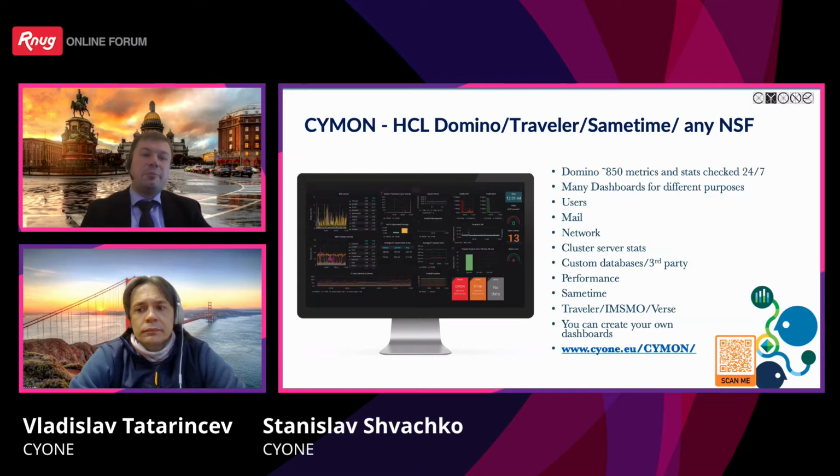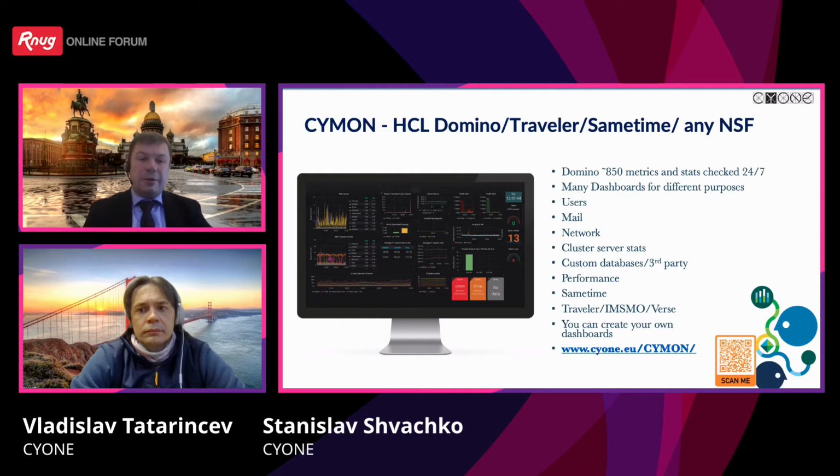Every time we show this slide, but we always change the metrics because they change with every new version. At present, monitoring is delivered with a set of rules. These rules check the health of Domino and of its different components.